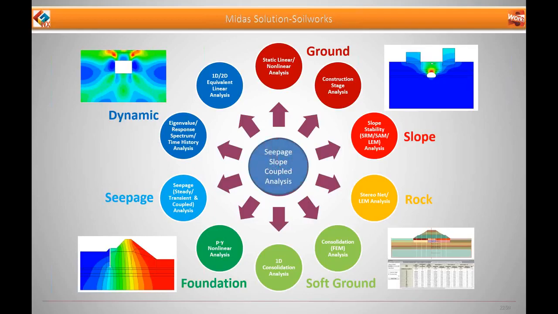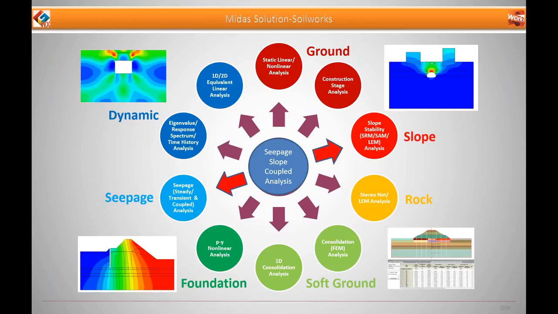Seepage slope coupled analysis, as I discussed with you earlier, you need two modules, the slope module and the seepage module. Basically what we do in the coupled analysis is that first of all we perform the seepage analysis, let's say on a dam. Then we extract the pore water variation in the dam and take the pore pressure results to the same model in the slope module.